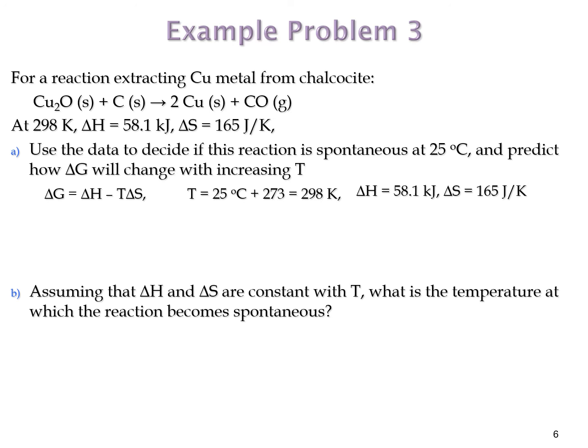We have a delta H that is 58.1 kilojoules, delta S equal to 165 joules per Kelvin. Both delta H and delta S have the same sign, which is positive. So we got the delta H here, and we got the T and the delta S right here.